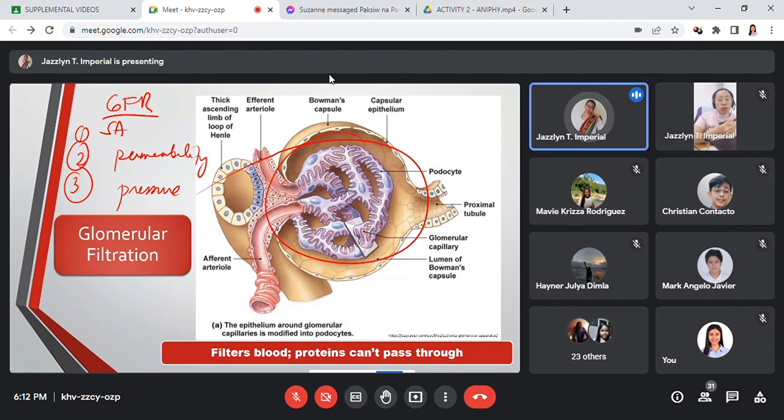Okay, so ito, syempre pag nasira mo yung kidney mo and you're an unhealthy individual, syempre directly proportional siya kung bababa ang surface area and the permeability of your kidney, particularly your glomerulus, so bababa din po yung function ng kidney mo. So, yan. Filtration will be also damaged.